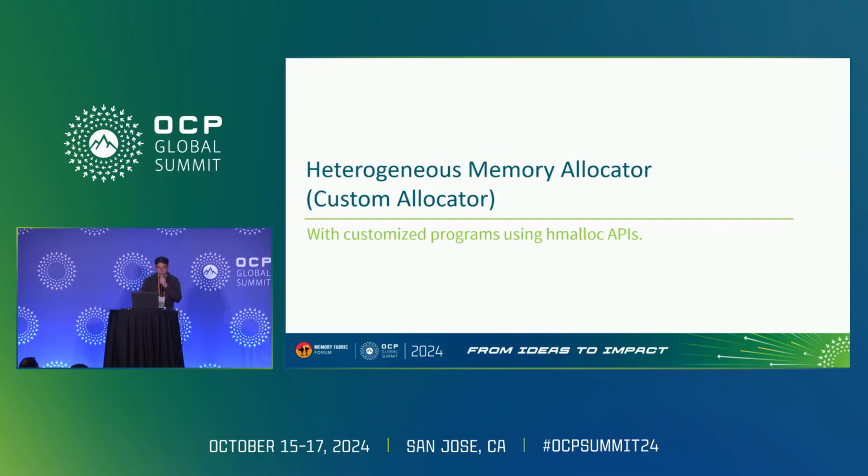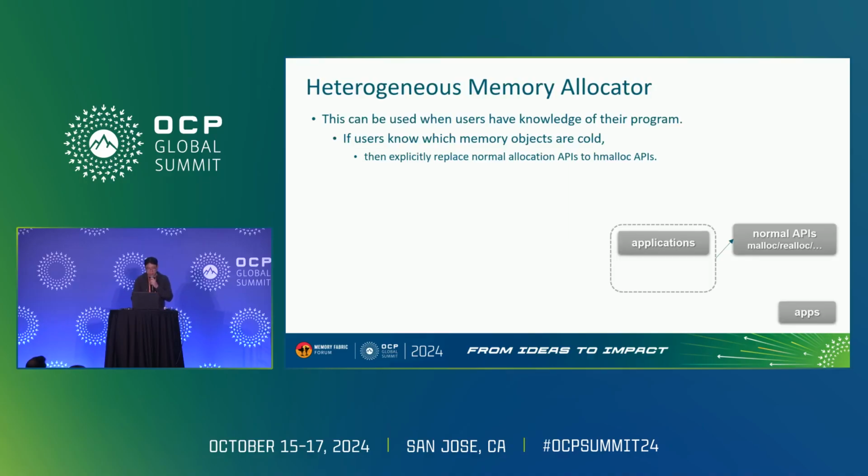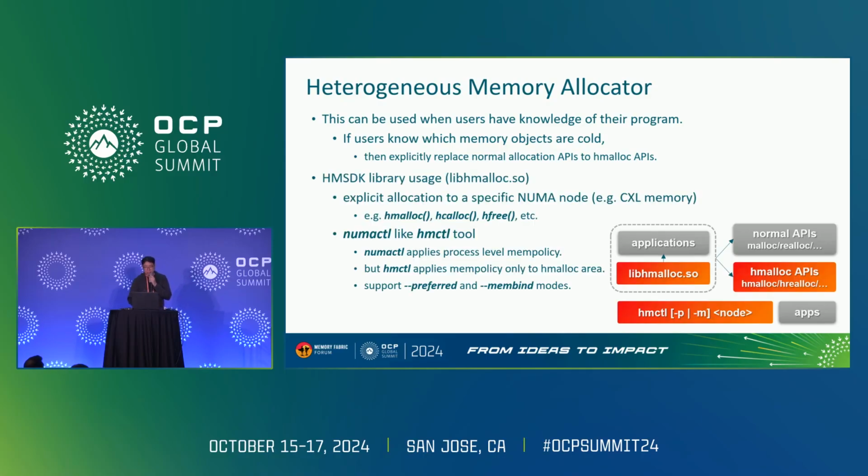On the last topic, there is a heterogeneous memory allocator, which is called a custom allocator as well. If the user has some knowledge about their programs, they can modify their program so they know which area is cold, and rather than depending on OS-level memory access profiling, they can just allocate some specific area marked as cold using the hmalloc APIs.